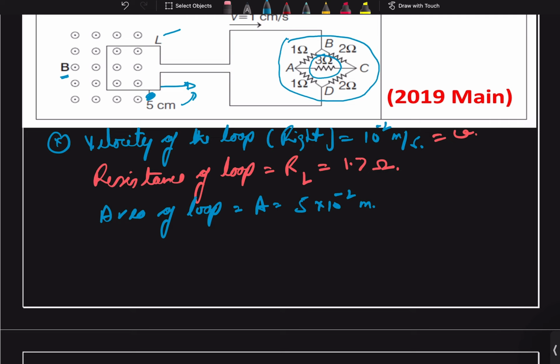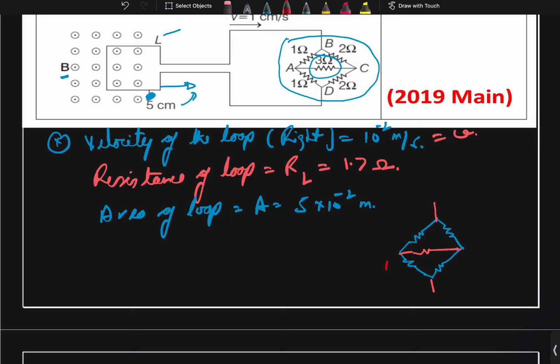So first of all, let us solve this bridge network. We can just draw the approximate circuit. We have a resistance which is also connected between these 2 points.